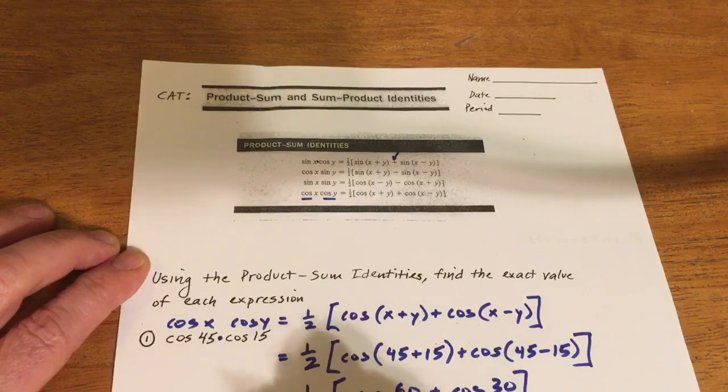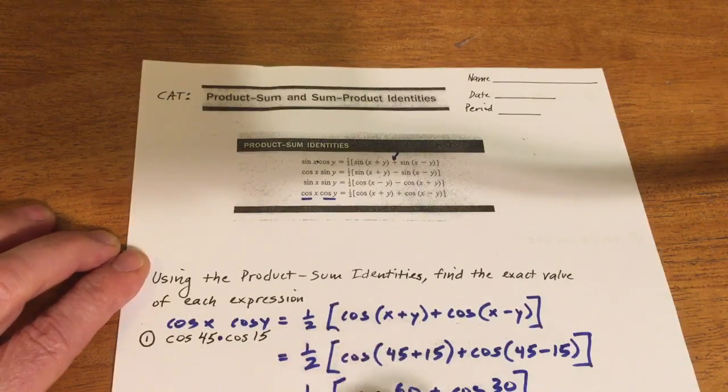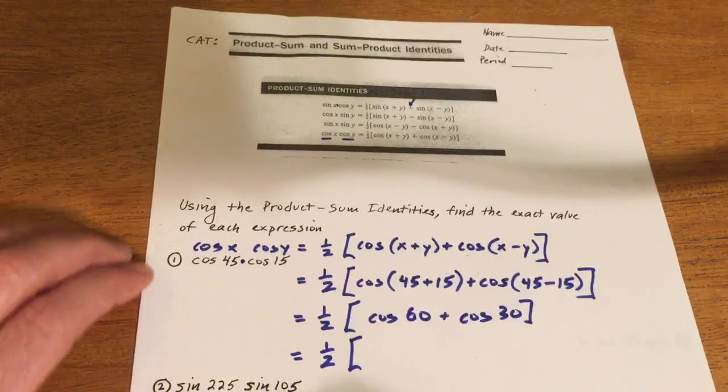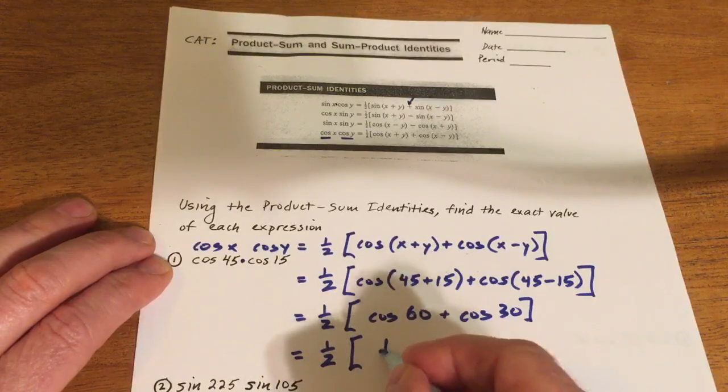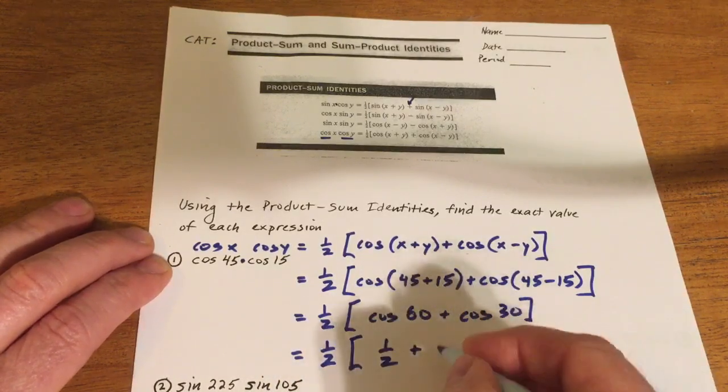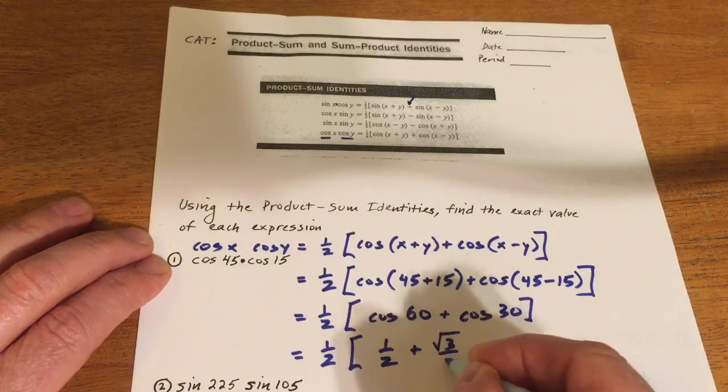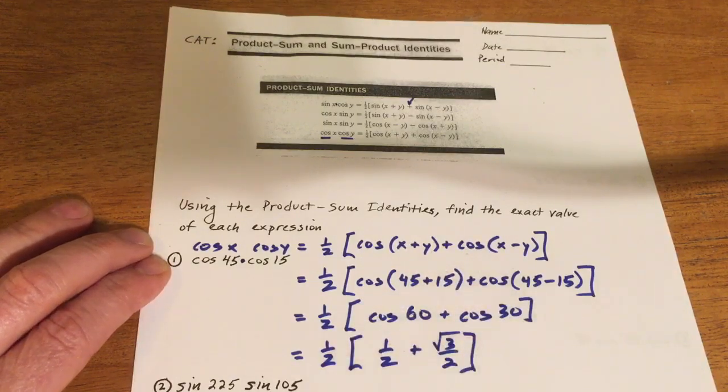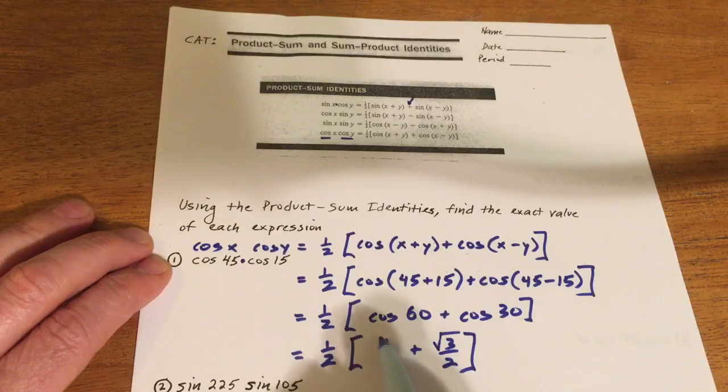Next, let's go ahead and clean this up using our knowledge of the unit circle. Cosine of 60 we know is going to be 1/2. Cosine of 30 is square root of 3 over 2. And why don't we go ahead and at this point distribute.